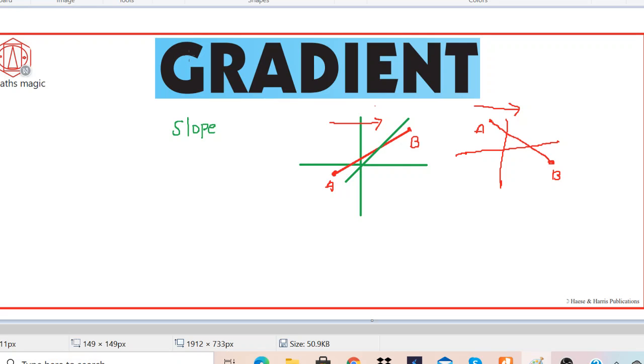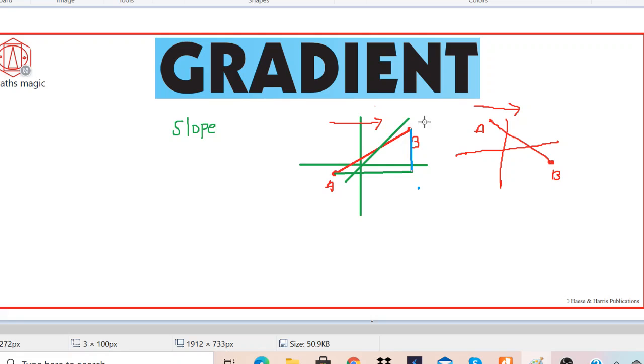Over here, if you want to reach from point A to point B, if you can recall our previous videos, there we discussed the movement of a point A towards B. So over here you have to move horizontally from point A towards B, and then you have to move vertically from this point towards B, right?